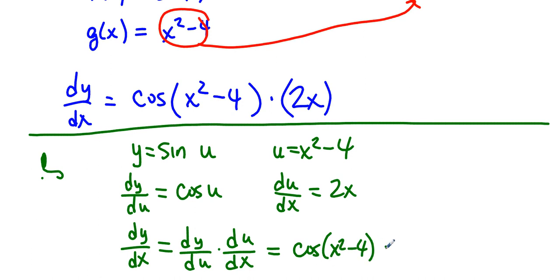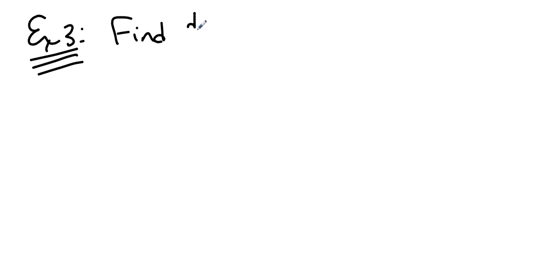Dy/du is the cosine of u times du/dx. It's the same process. This just shows us a different way to decompose the function at hand. That notation is somewhat useful when there are layers upon layers upon layers.